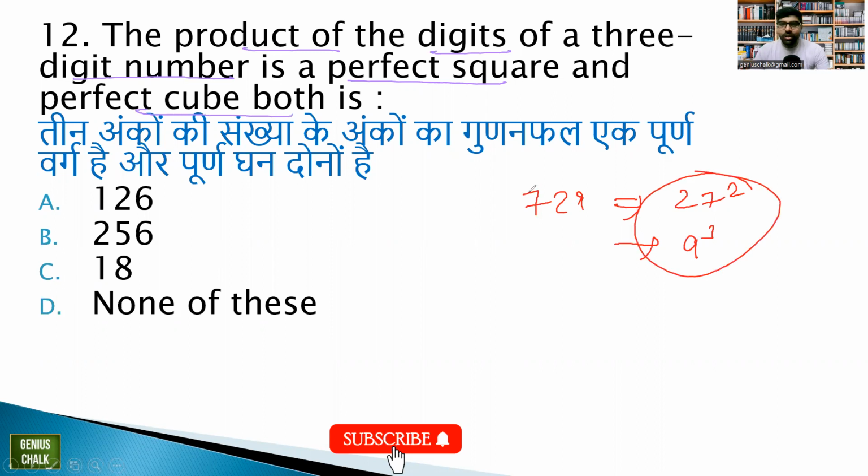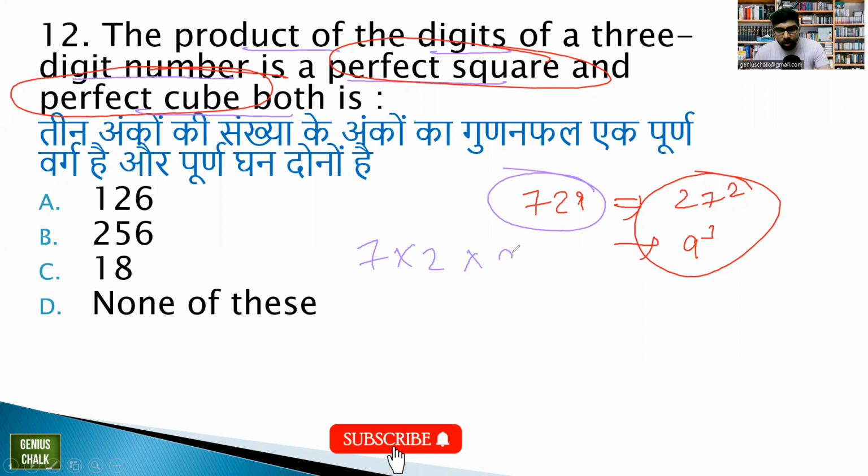The only number possible which is a perfect square as well as a perfect cube is 729. Now the question is asking about the product of these digits, that is 7 into 2 into 9. So this becomes 14 nines, 126.